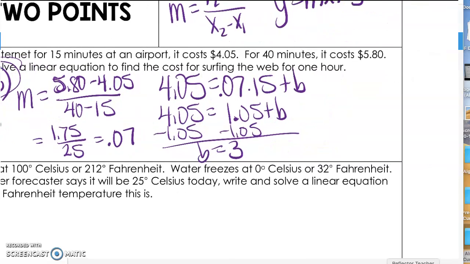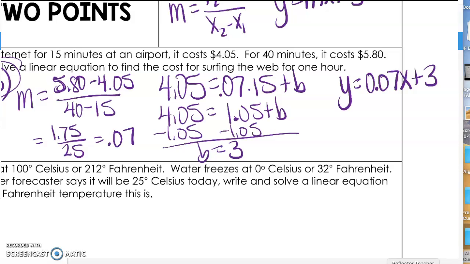So our equation would be y equals 0.07x plus 3. So that means it's $3 to basically get on the internet and then 7 cents for every minute.